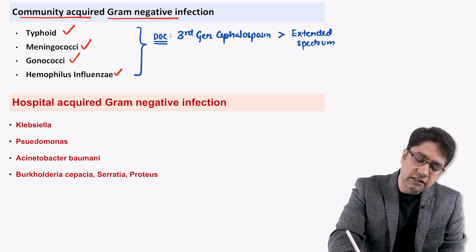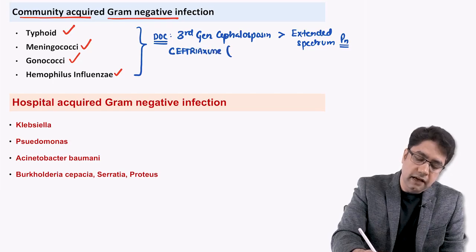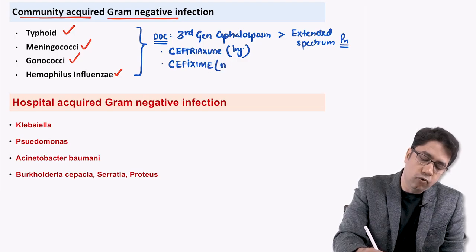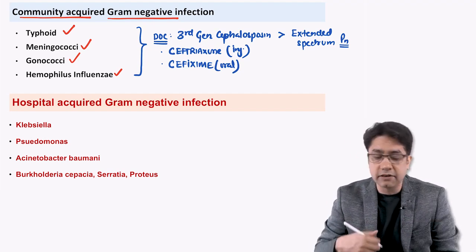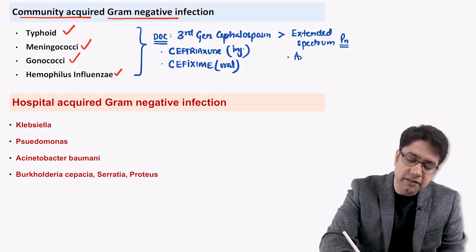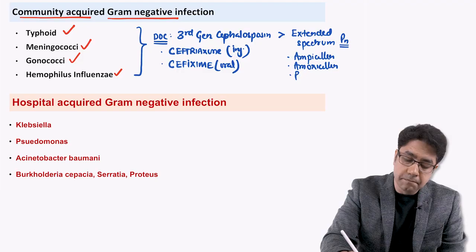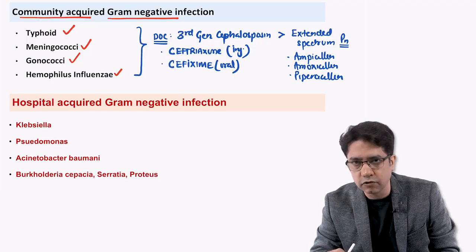Third generation cephalosporins are like ceftriaxone, which is given by injection. And if I ask you for one oral drug for typhoid, you will write, sir, cefixime. Cefixime is an oral drug for gonococci, typhoid, etc. And if extended spectrum penicillin comes, you can write ampicillin, amoxicillin, piperacillin, which we have discussed in the previous section. But overall the drug of choice is always and always third generation cephalosporin.